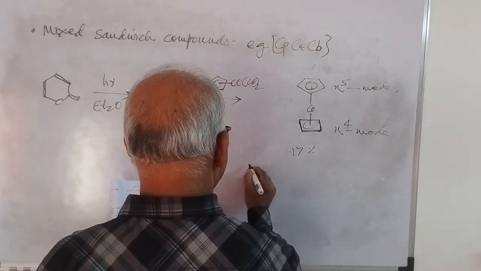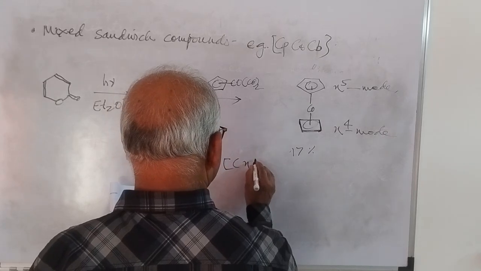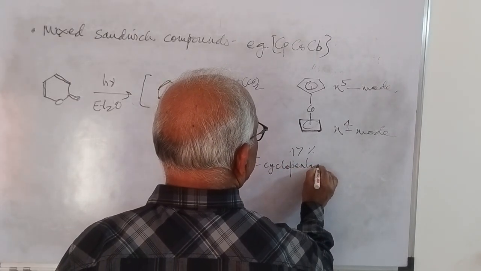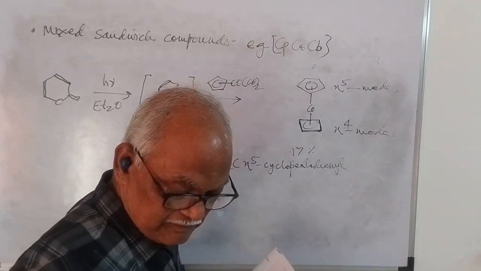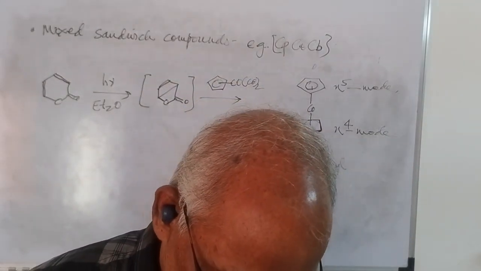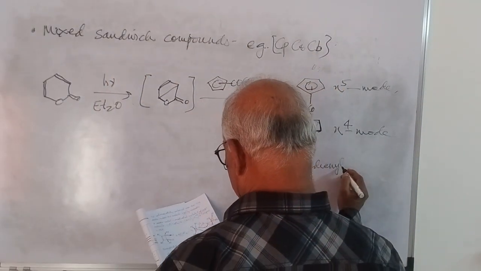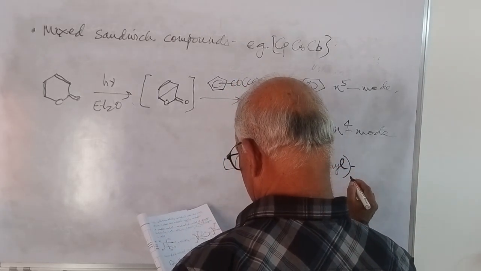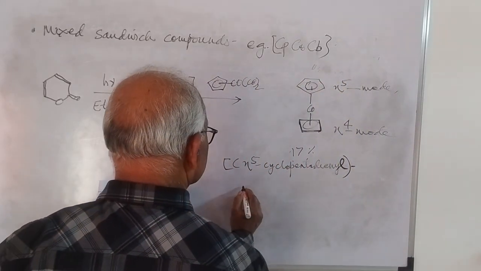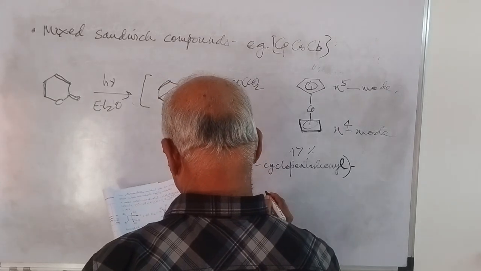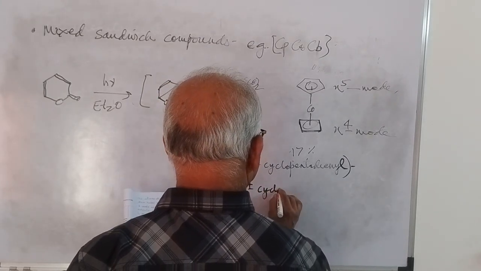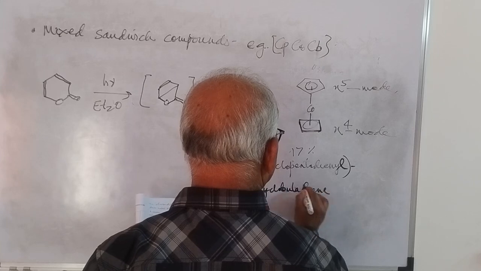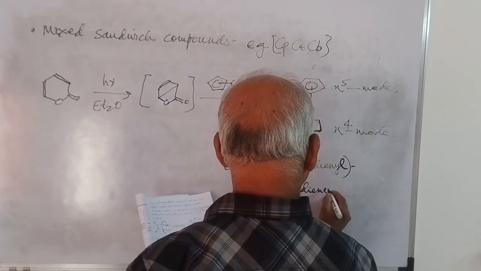The name is eta 5-cyclopentadienyl eta 4-cyclobutadiene cobalt.